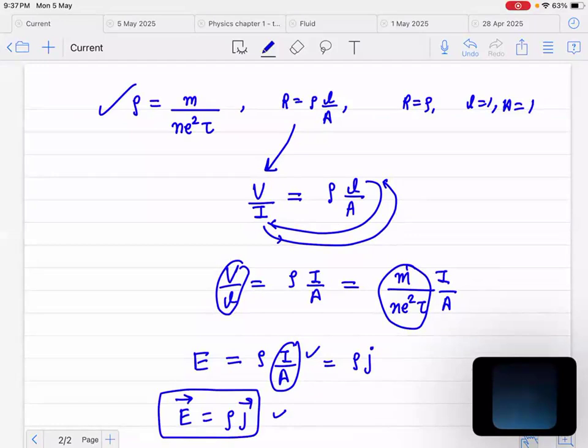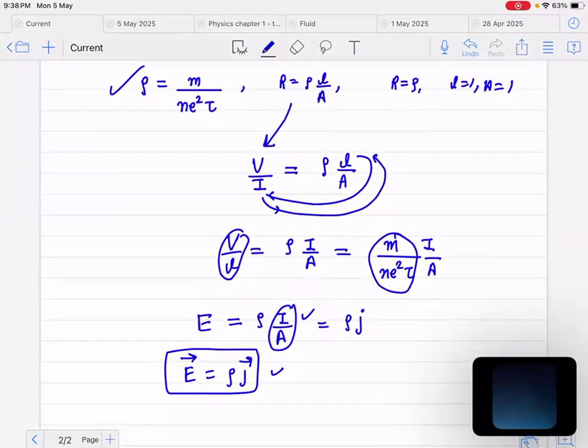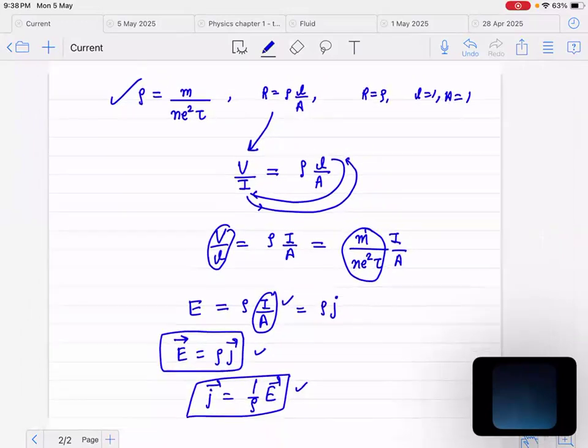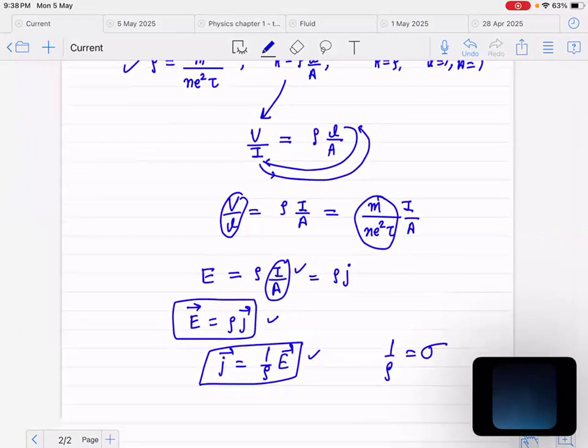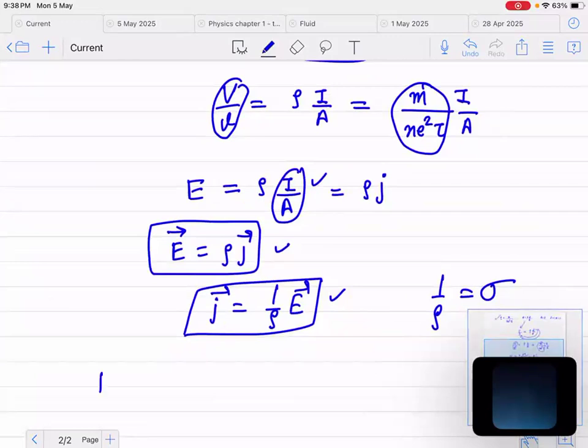That's why we denote current density as a vector quantity, because later on we express current density and the electric field in terms of each other, or the current density is 1 by rho E. 1 by rho is nothing but the reciprocal of resistivity. 1 by rho is known as the conductivity. So J is sigma E.